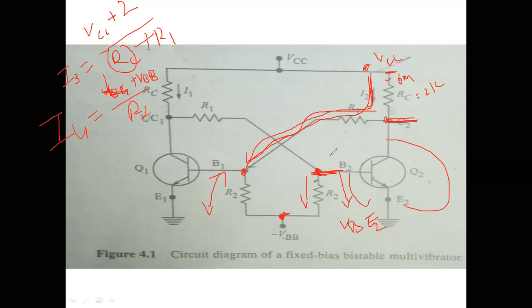Now you can consider this current IB, for an on transistor, IB2. Now, what is IB2? On this side one current is entering, and on this side one current is leaving. This current is the same as this current; both are parallel, identical circuits, as I had explained previously.